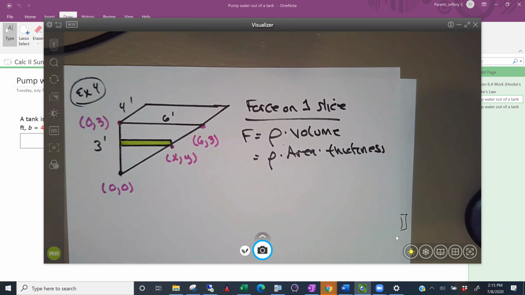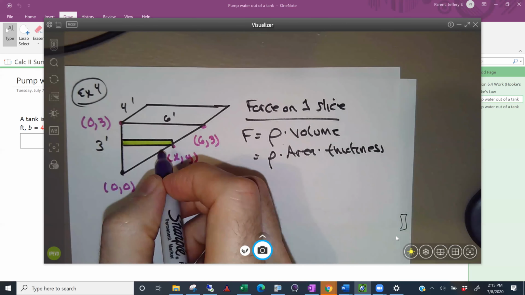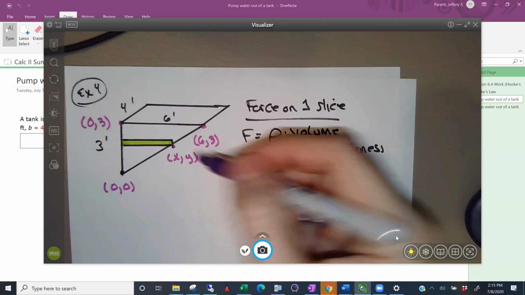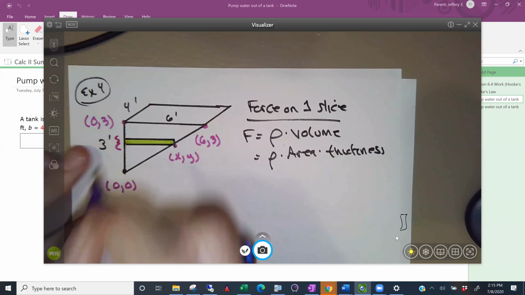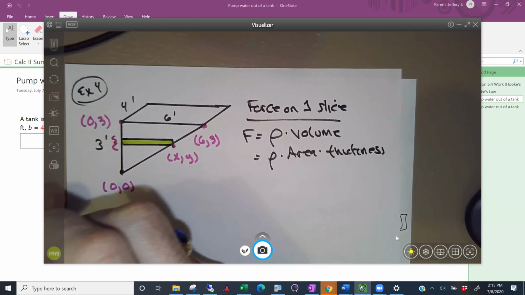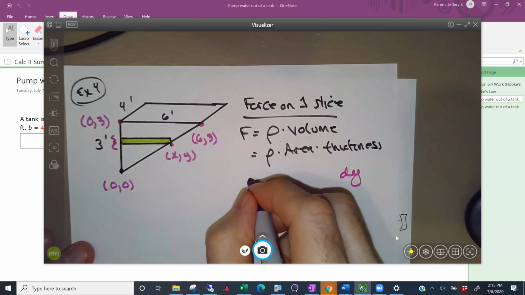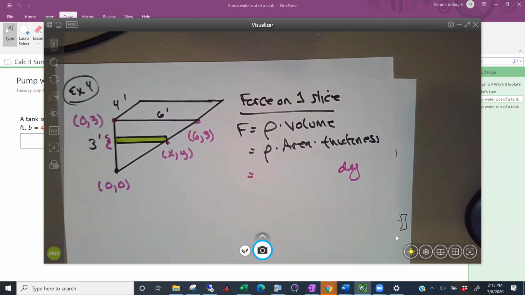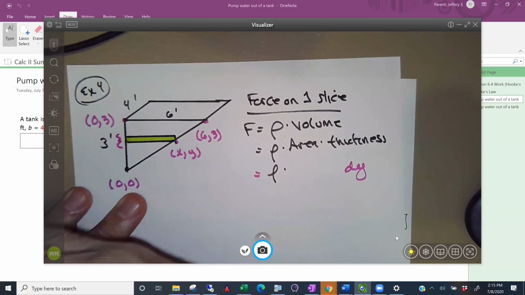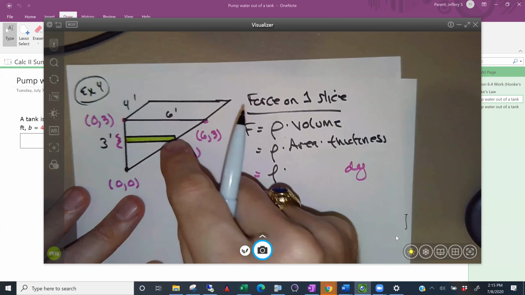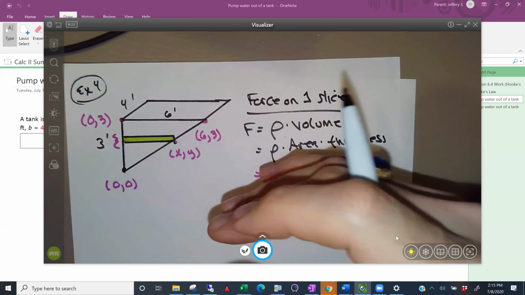Well, let's take a look at our slice first of all. The slice is taken horizontally, so that means it has a dy thickness. And the area, well, when I take a little thin slice, the area is just going to be the area of a rectangle, right?